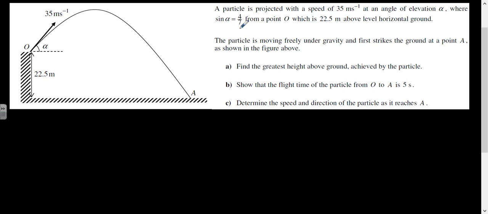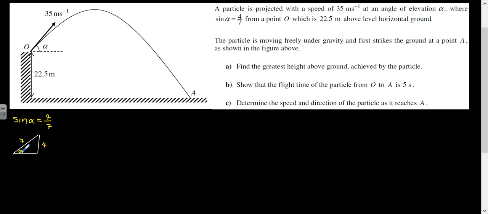And we've got sine alpha is 4/7, which means we're going to need to find cos alpha, and actually not tan alpha this time, just cos alpha. So let's do that first. If sine alpha is 4/7, then we can think of Pythagoras' theorem again, just to draw the little triangle that we're talking about here. 4 is our opposite side, 7 is our hypotenuse, alpha is our angle, and we can work out what this side is.